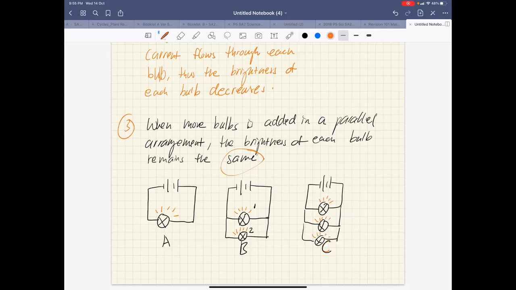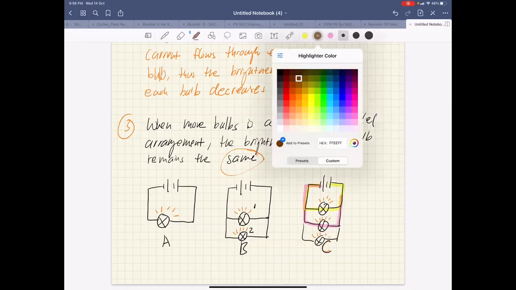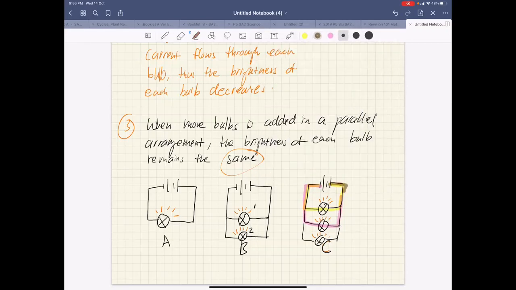Now, take note of this, because there are alternative pathways. I have one pathway here, 2 pathways here, and one more pathway here. This is a parallel.